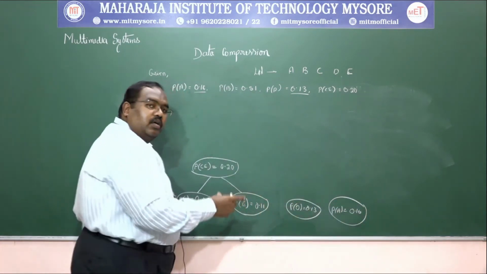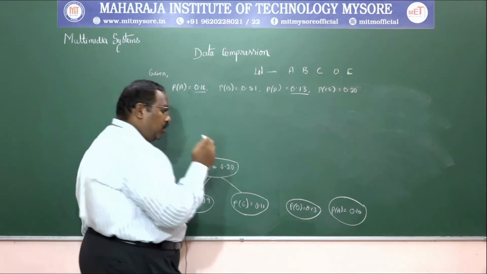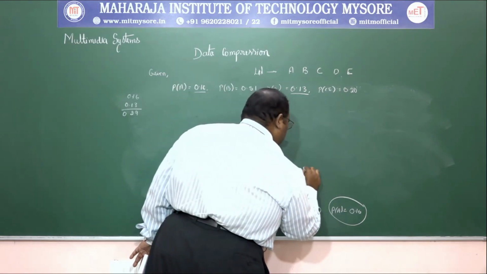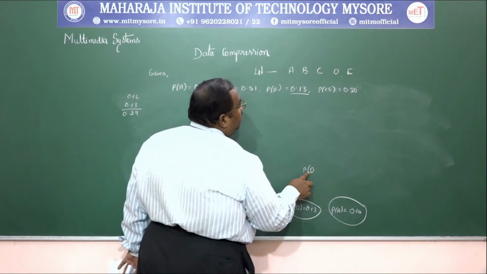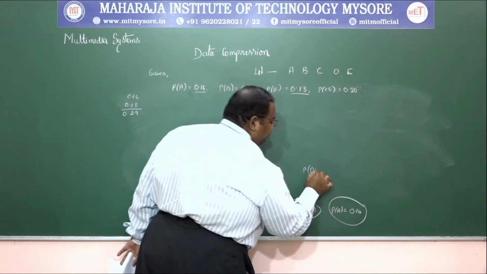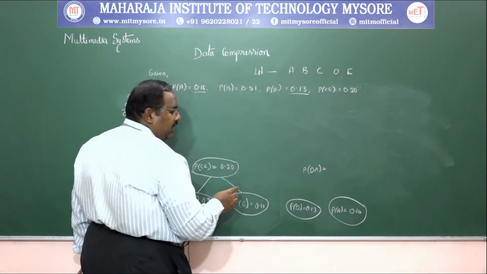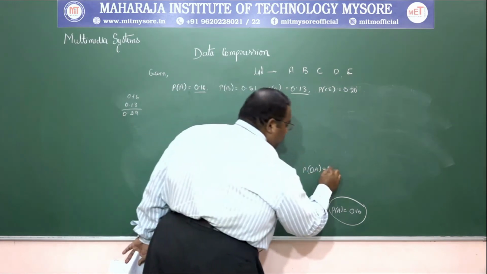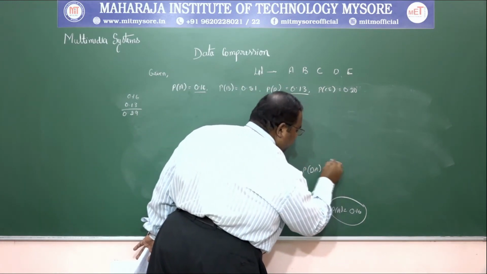We are supposed to combine these two nodes and form one new node. What would that new node be? Probability of D and probability of A. What is the probability of D and A when we combine it? It is 0.29.